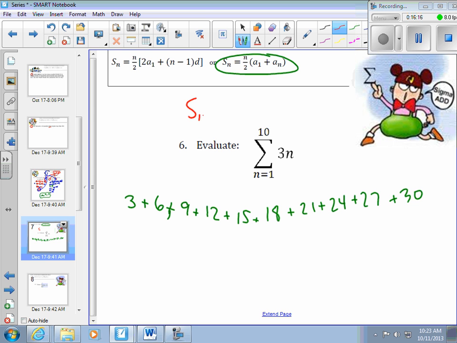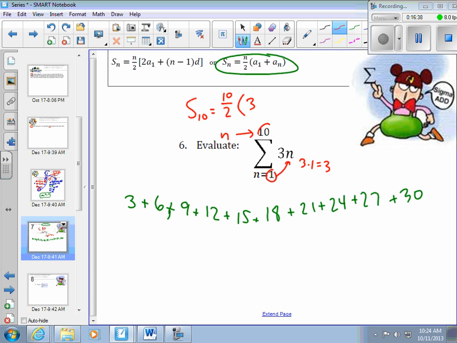So the sum of our first 10 numbers would be found by doing the number of terms. That's going to be n, so 10 terms, 10 over 2. The first term, by putting 1 in, 3 times 1 is 3, so that's our first term.